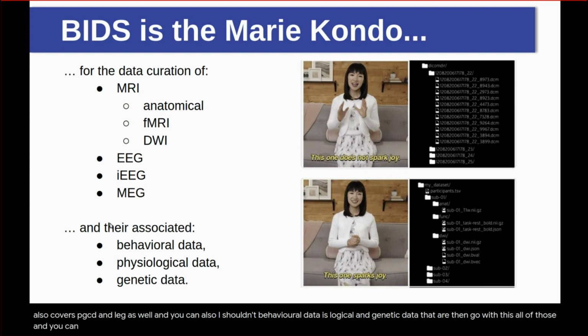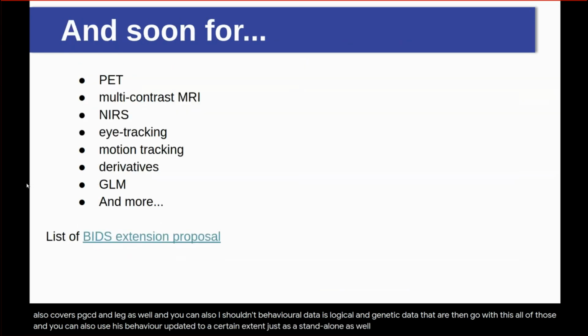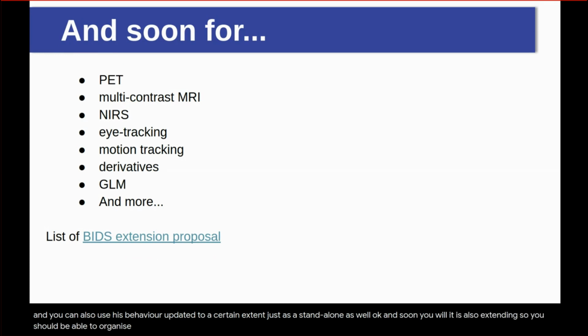You can also use just behavioral data to a certain extent, as a standalone as well. And soon BIDS is also extending, so you should be able to organize PET data, more complex types of MRI data, and near-infrared spectroscopy.